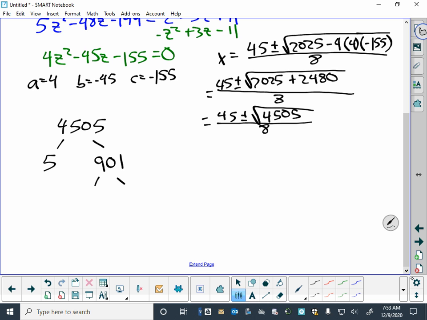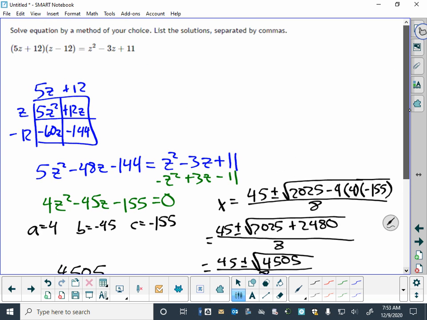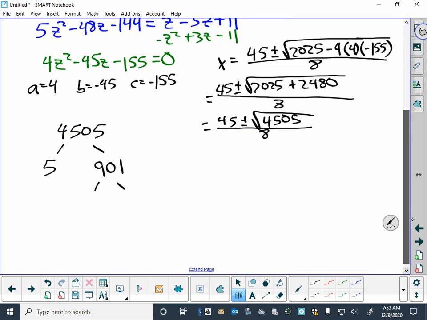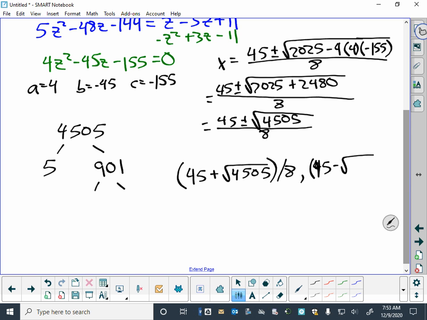So if it wanted these answers, I can't remember how it wanted solutions separated by commas. So one would be 45 plus the square root of 4,505, divided by 8, comma, and then 45 minus the square root of 4,505, divided by 8.